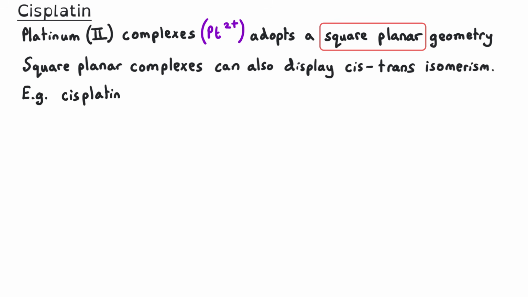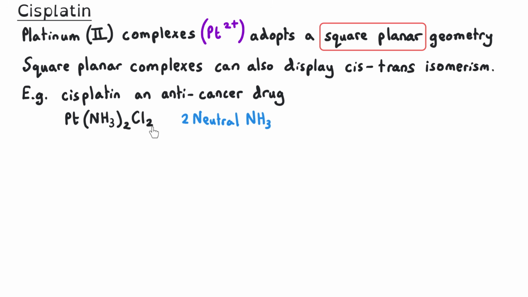The most common example of this is Cisplatin, which is an anti-cancer drug. It has the formula Pt(NH3)2Cl2, which means that there are 2 neutral ammonia ligands and 2 negative chloride ligands. And the platinum ion has a +2 charge, and so therefore overall this complex is neutral.